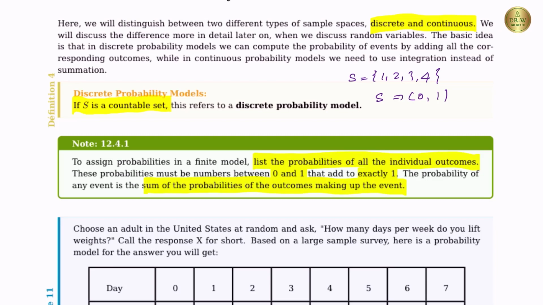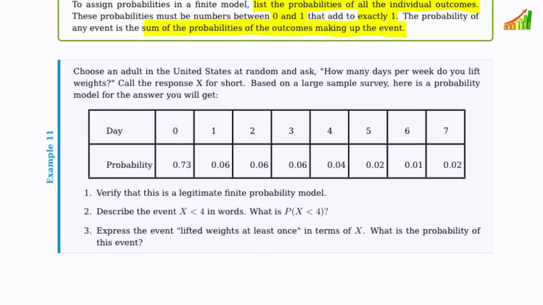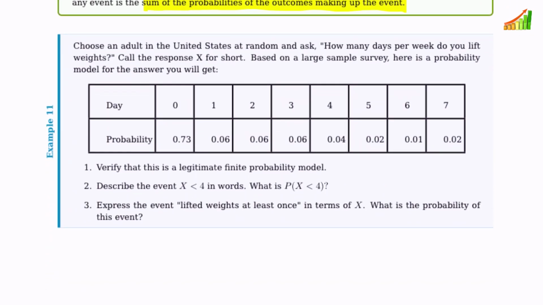Let me explain this using example 11. Choose an adult in the United States at random and ask, how many days per week do you lift weights? Call the response X for short. If I ask you this question, what should your answer be?